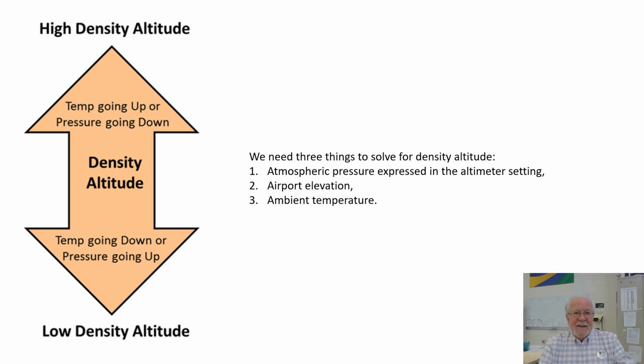Or if the pressure gets less, the aircraft has less performance. And the reciprocal is true as well. Temperature getting cooler tends to decrease density altitude. So the air is getting thicker as the temperature gets cooler. Or if the pressure goes higher, that also decreases density altitude. In other words, the air is thicker and there is better performance.